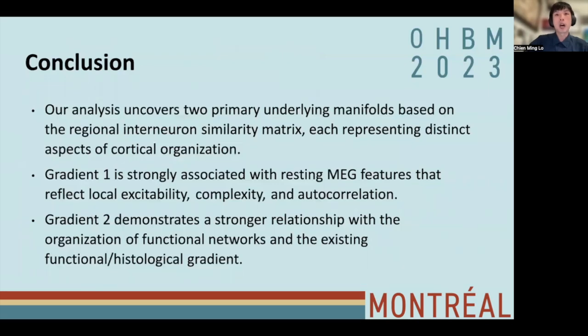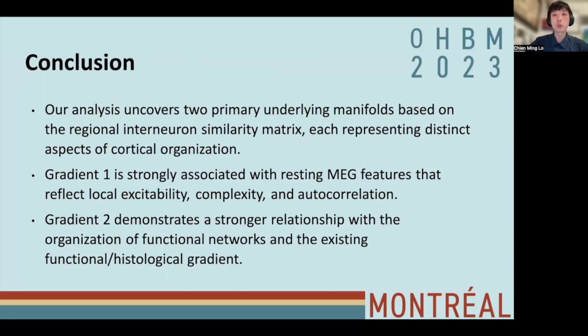In summary, our analysis revealed 2 primary underlying manifolds derived from the regional interneuron similarity matrix, each capturing unique facets of cortical organization. Gradient 1 exhibits a robust association with the resting state MEG features that provide insights into local excitability, complexity, and autocorrelation patterns.